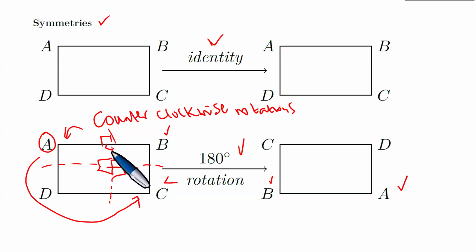If you rotate it about the origin, this is going to move here, so this A is going to be sitting there. And now, because it's 180 degrees, you'd have to rotate again another 90.